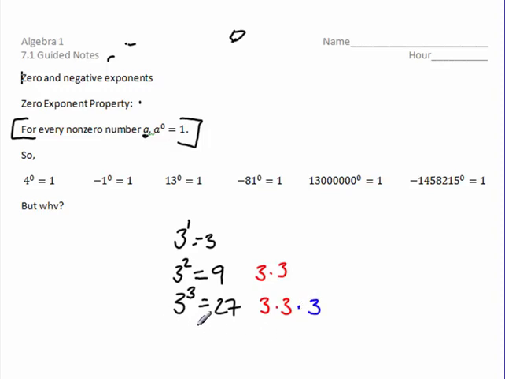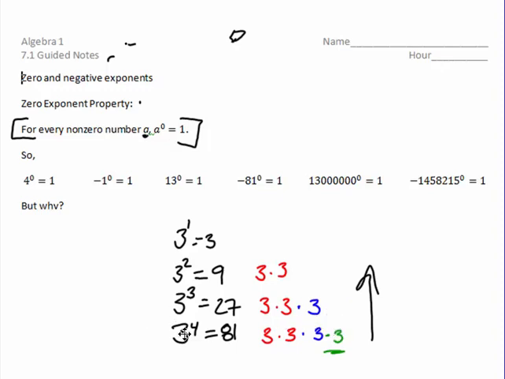Again, we can continue on with this. 3 to the fourth power is 81, and we got that from 3 times 3 times 3, and then we added on another times 3. So each time we're just multiplying by another 3. So if we go backwards, instead of multiplying by another 3, then I'm actually dividing by 3, right?